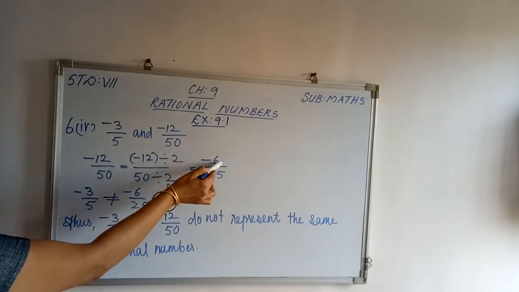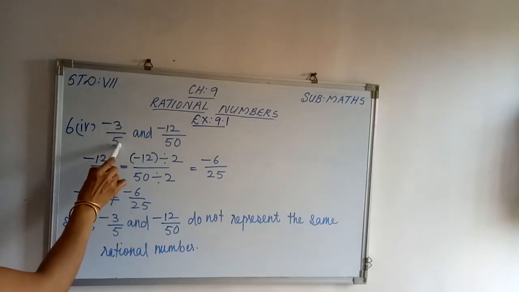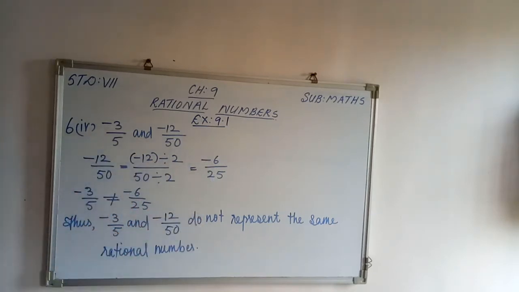We get minus 6 upon 25. See that minus 3 upon 5 and minus 6 upon 25, they are not equal. So, minus 3 upon 5 and minus 12 upon 50 do not represent the same rational number.